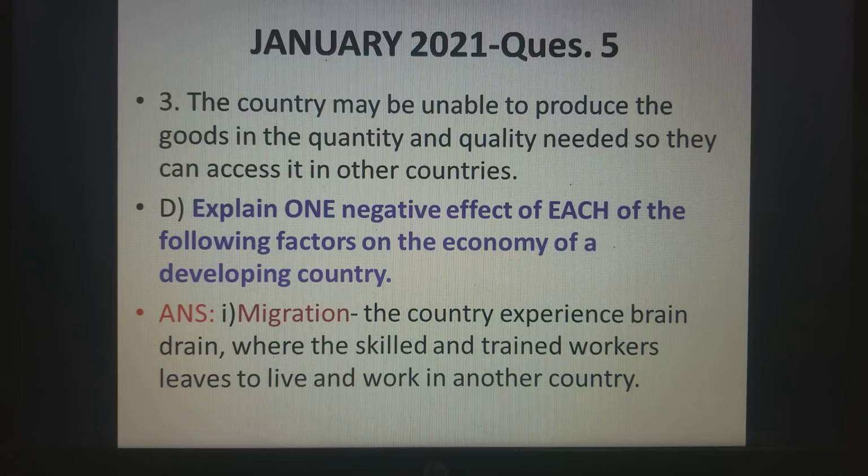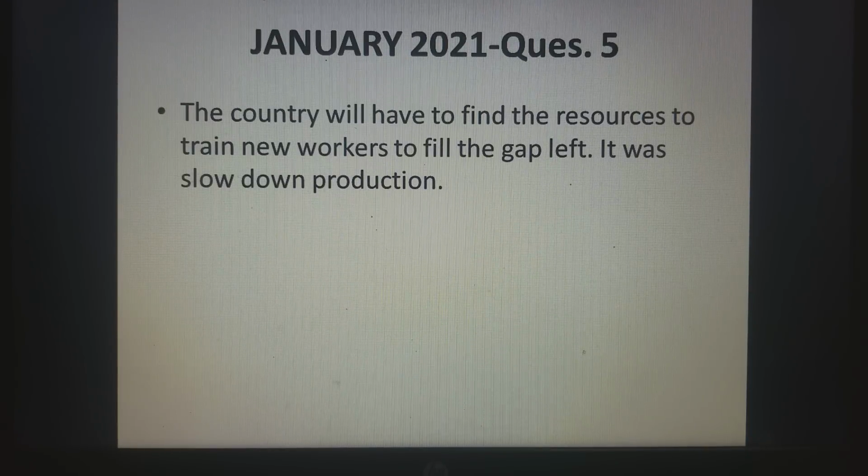This is where the skilled and trained workers leave to live and work in another country. So we lose their services. The country will have to find the resources to train new workers to fill the gap left. And this also will slow down the production levels in the country.